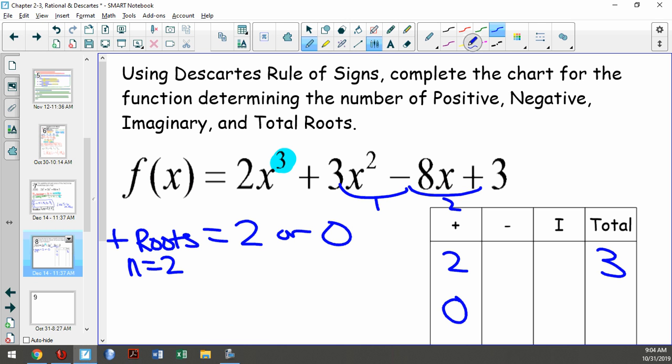But then you always have to do n minus 2 to obtain the other number, which is 0. You always have to do n minus 2 to obtain the other numbers down to 1 or 0. Do you all understand? It's going to take practice. It's not fun, but we're going to keep practicing it, okay?